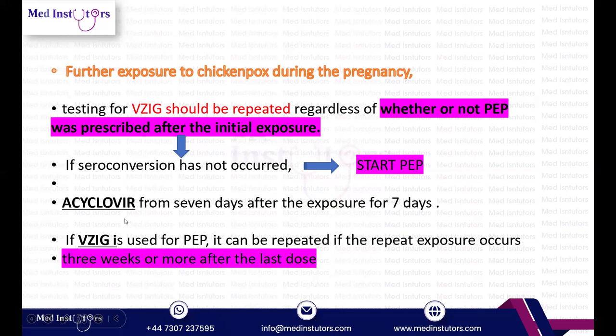However, the immunoglobulins we have to give at least 3 weeks or more after the last. So that is very important. Any kind of immunoglobulins which has been repeated, there should be at least a 3 weeks difference for them. Okay. So is that clear till now?